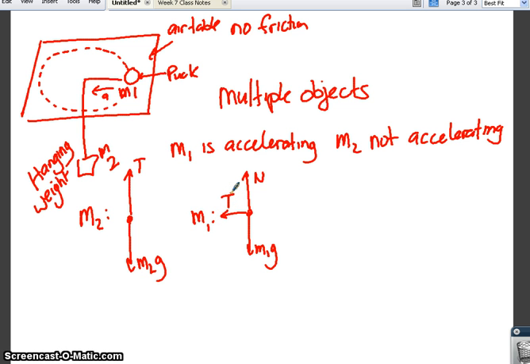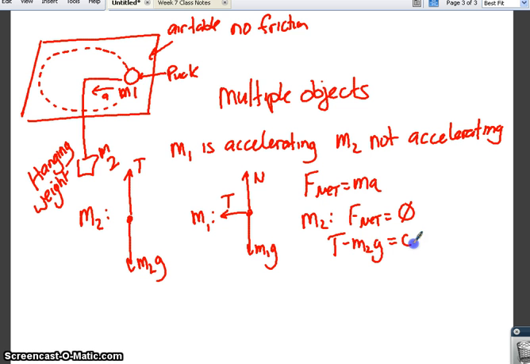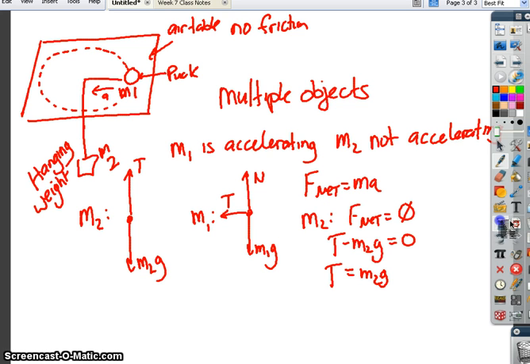So if we did our F net equals ma, always F net equals ma, for M2, F net equals 0. Therefore T minus M2g equals 0, and therefore T equals M2g. Now if we did our other one, if you don't mind, I'm going to erase some so we can still see everything here.